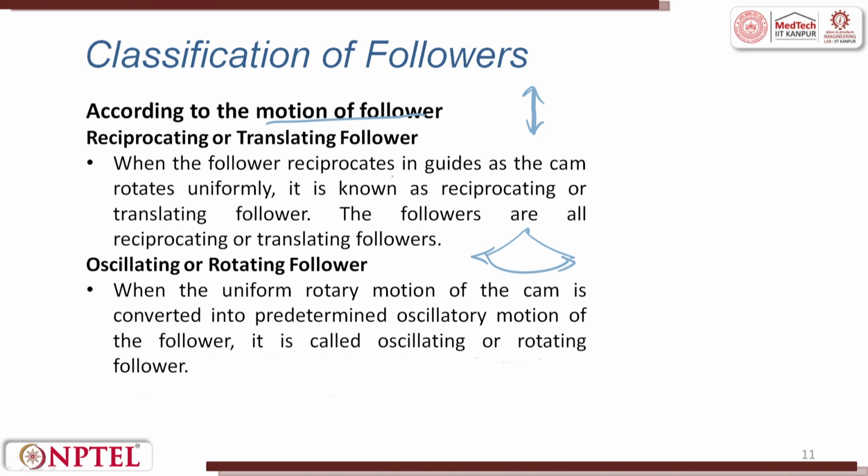When the follower reciprocates in guides, what are guides? Supports which are there. When the follower reciprocates in guides as the cam rotates uniformly, it is known as a reciprocating or translating follower.